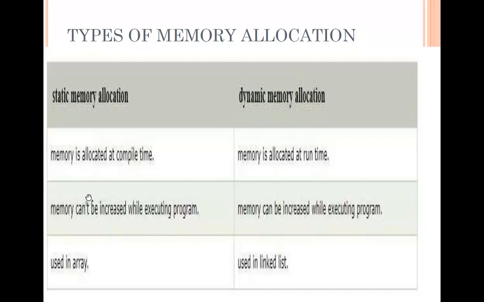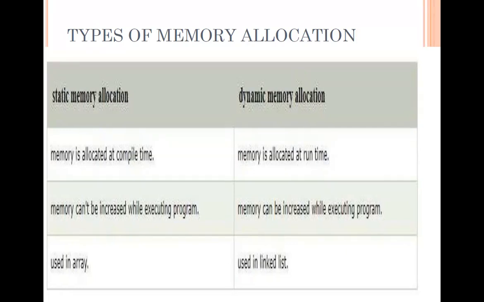The disadvantage of static memory allocation is that you cannot increase it while the program is being executed. For example, if you have an array of size 10, you can only store 10 values in your program.